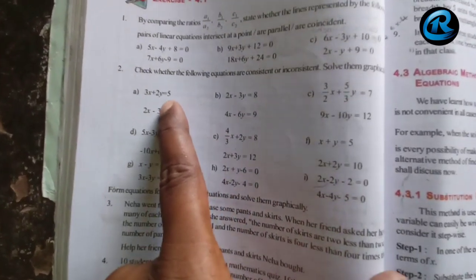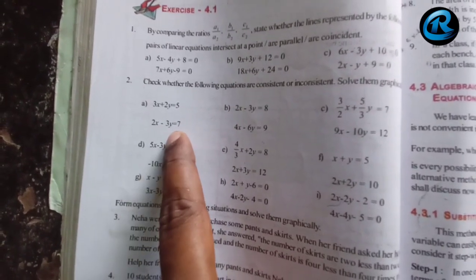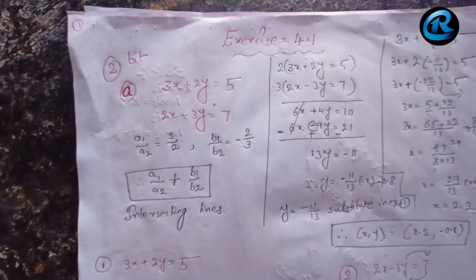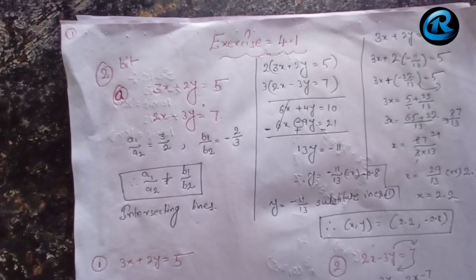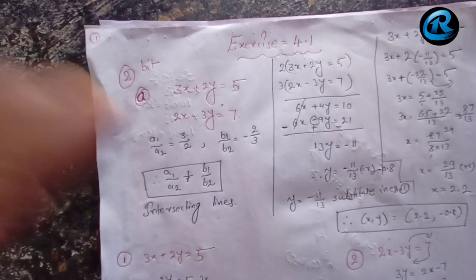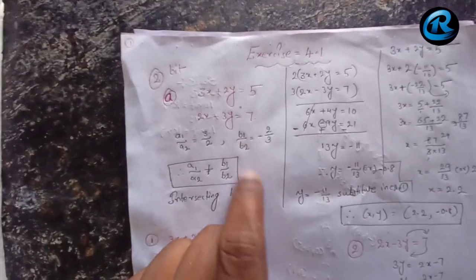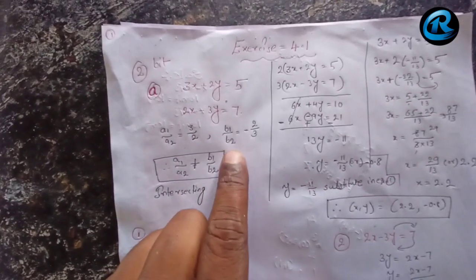The first question is 3x plus 2y equal to 5 and 2x minus 3y equal to 7. Let us see the graph. Let us see which conditions apply first: either we get intersecting lines, parallel lines or coincident lines. For that we have to check the ratios of a1 by a2, b1 by b2 and c1 by c2.